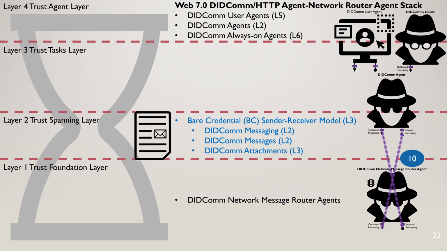It's also these network message router agents that support disconnected agents, that is, agents that are either not running at all or agents that are not accessible because they're behind a firewall. In that case, the network message router agent also acts as a cache for these auth encrypted messages, and they will stay in the cache until that disconnected agent comes online.